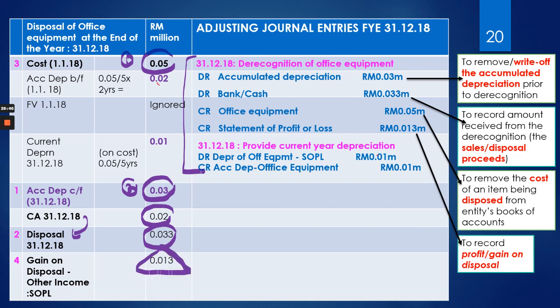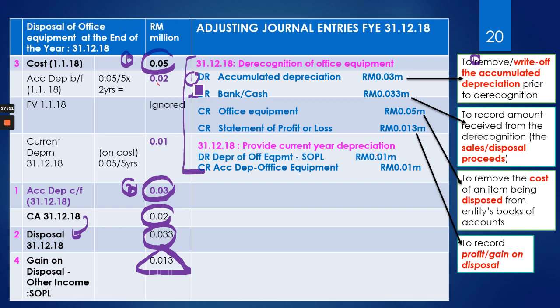So this must be reflected. For the journal entry, you also need to go and eliminate the accumulated depreciation when there is a derecognition. So the journal entry that you have here is the one trying to remove the accumulated depreciation prior to the derecognition, or eliminate.